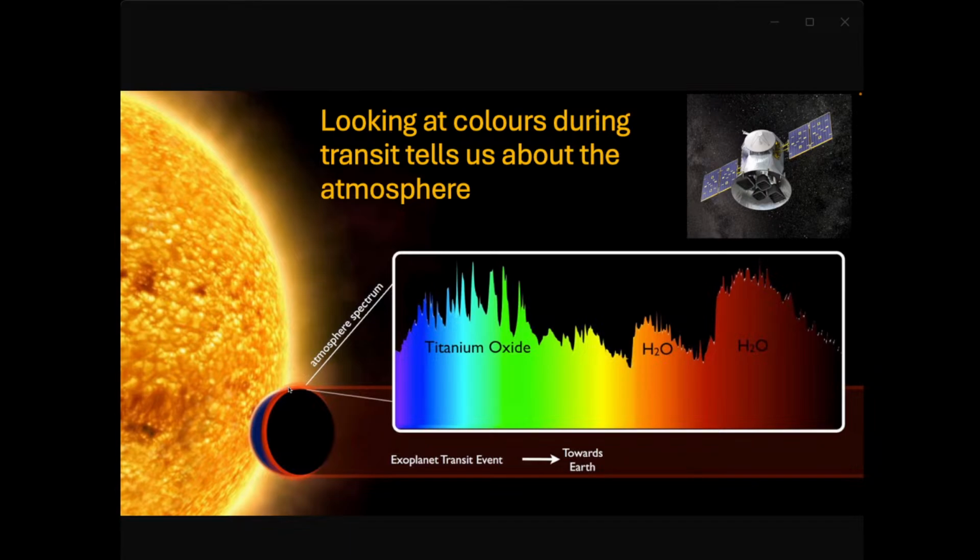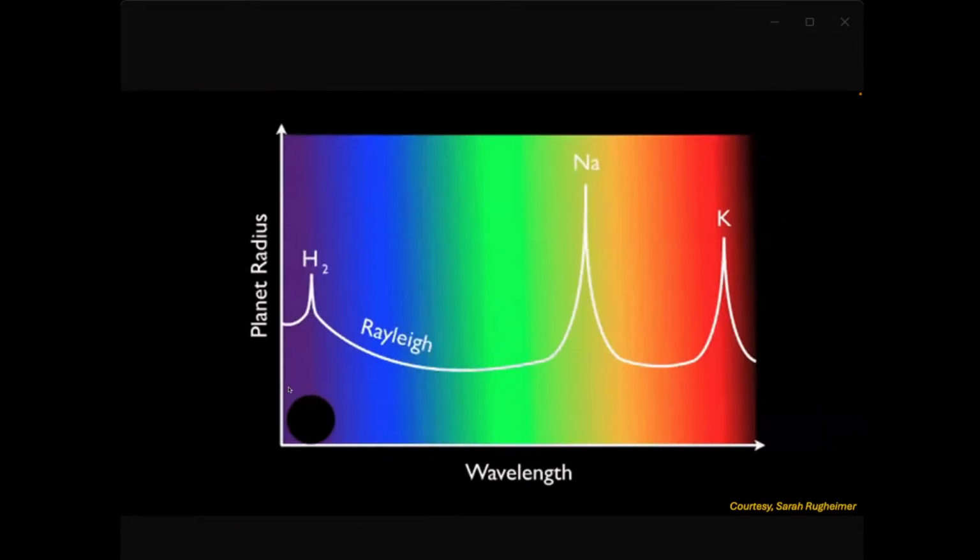Different compounds in the atmosphere can block light to greater or lesser extents. So if something blocks light really effectively, the planet actually looks bigger at that wavelength, at that color. And if the atmosphere is transparent, then that light comes through and the whole planet looks a little bit smaller. Because this happens at different colors, we're able to figure out from light years away what compounds are in the atmosphere of a planet like this. That's just really fascinating and blows my mind, I can tell you.